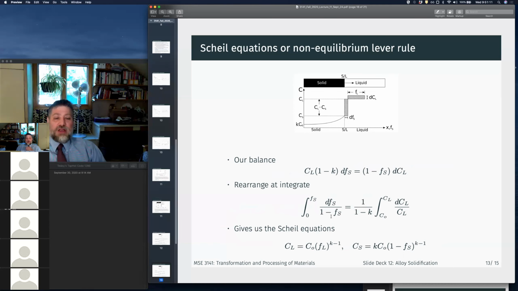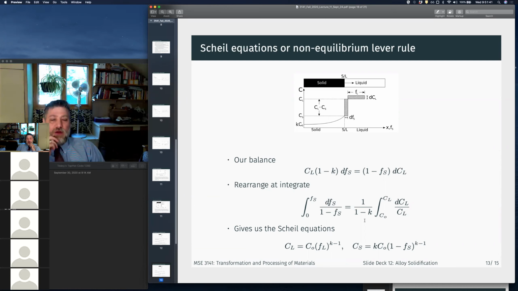We can rearrange and integrate. This is our differential of the fraction of the solid, so we integrate this from no solid to where we currently are. Then we integrate the composition of the liquid from our initial alloy composition to the current composition of the liquid.